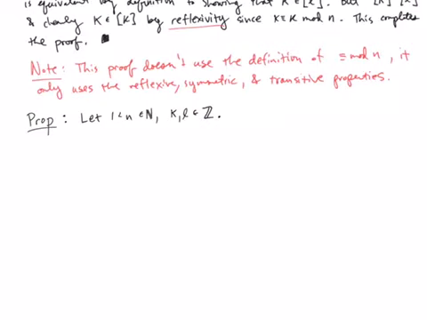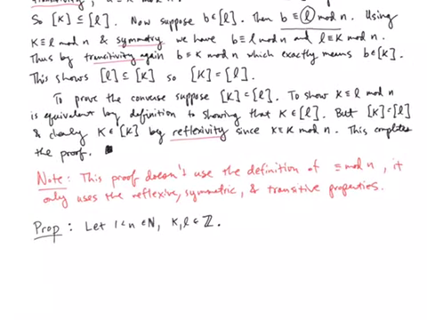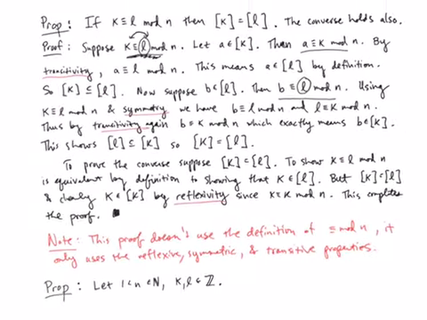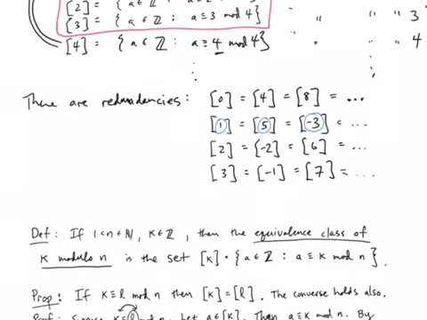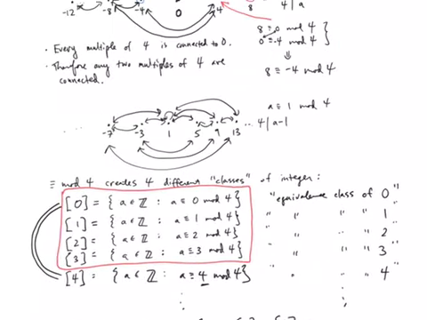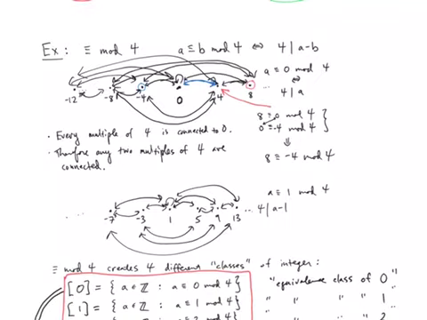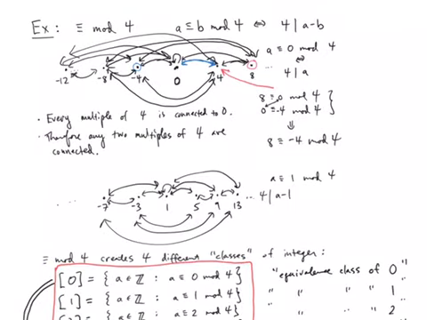So what's apparent from the picture above is that our equivalence classes were either totally disjoint or they were identical with each other. The equivalence class of 0 is 0, 4, 8, -4, -8, etc., all the multiples of 4.